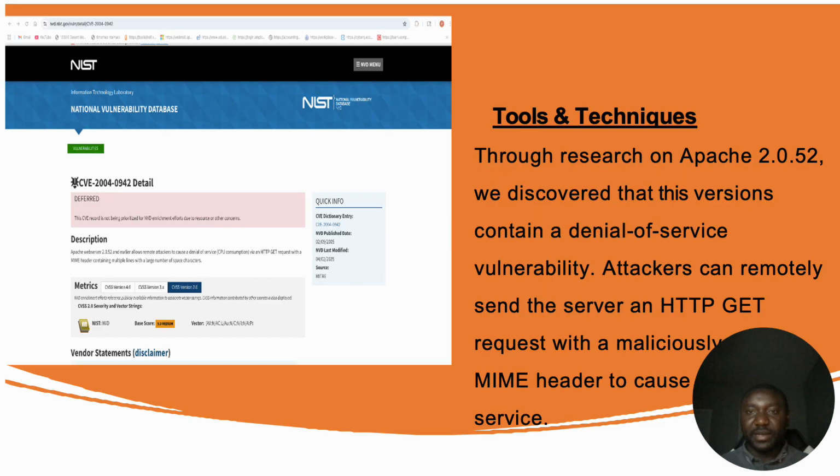By doing research on the Apache web server, we found that this version contained a denial of service vulnerability that an attacker can remotely exploit by sending the server an HTTP GET request that can harm the host or the web server.